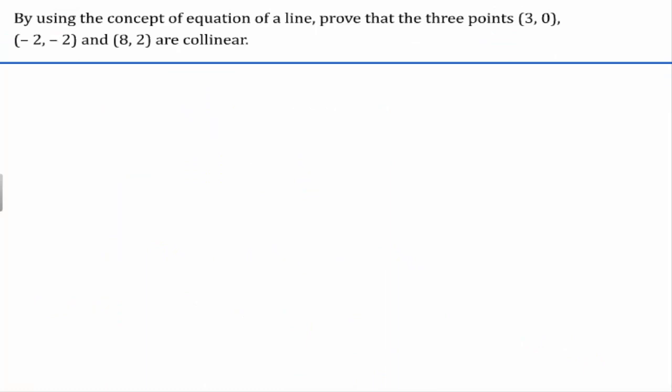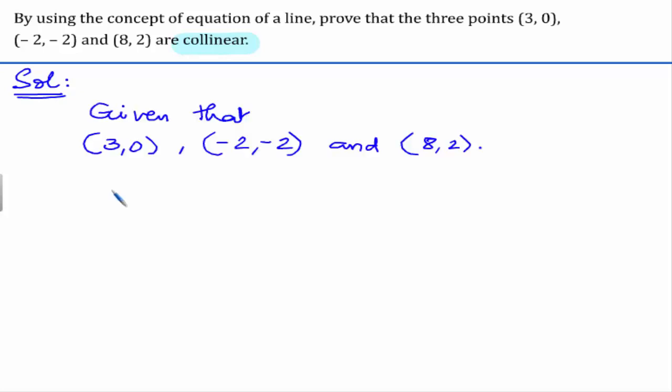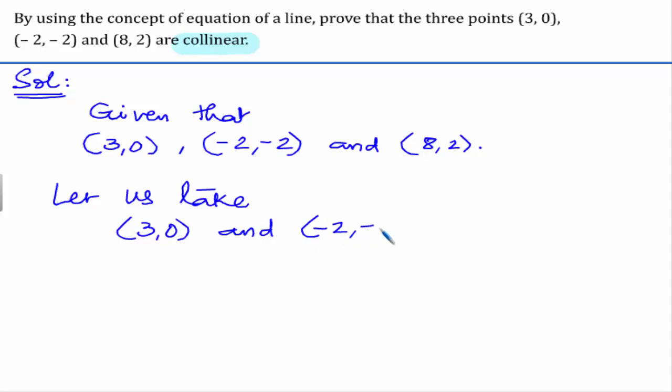By using the concept of the equation of a line, we have to prove that the given 3 points are collinear. Let us see that. Now the given 3 points are 3, 0, minus 2, minus 2 and 8, 2. Now let us consider any 2 points in the given 3. Let us take the 2 points 3, 0 and minus 2, minus 2.